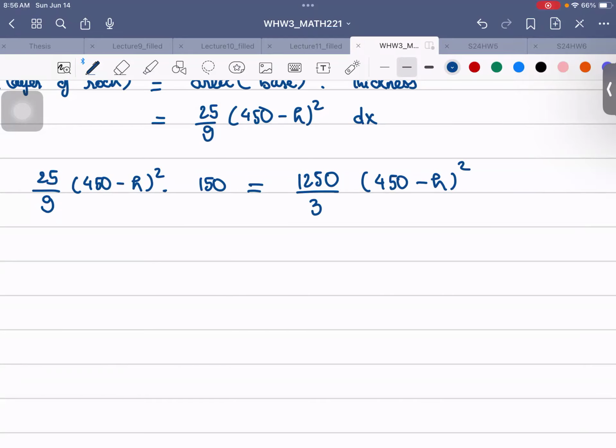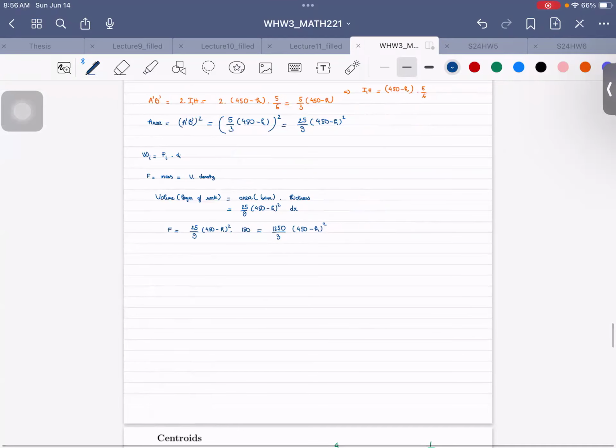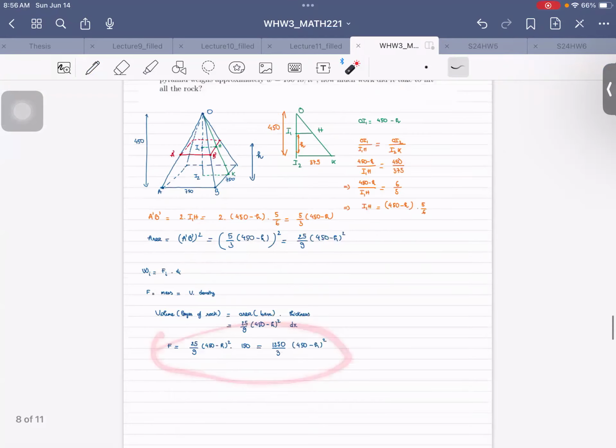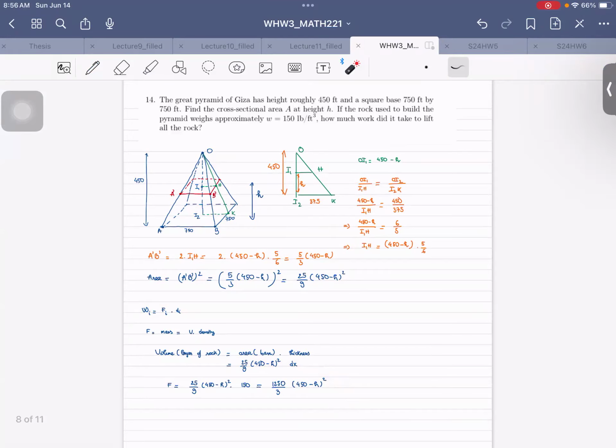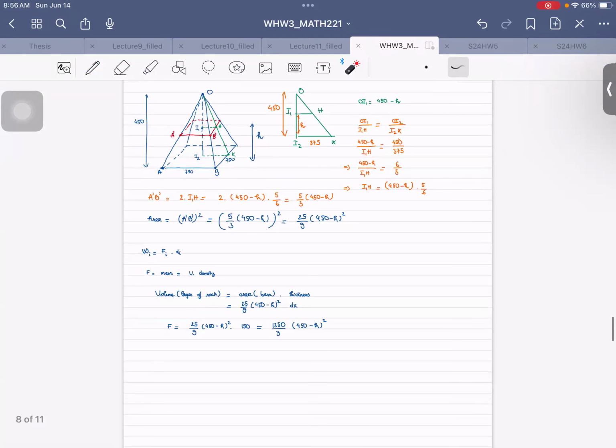So this is the force that is required to lift up any layer of the rocks. And now you want to find the work that is required to build that layer. That means you have to find the distance that the layer has to travel.